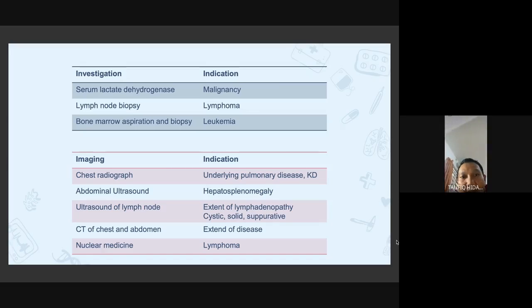Usually the criteria for biopsy should be progressively increasing in size. Second, size usually more than 2 cm. If 1 cm or less, we don't consider doing a biopsy at the moment.